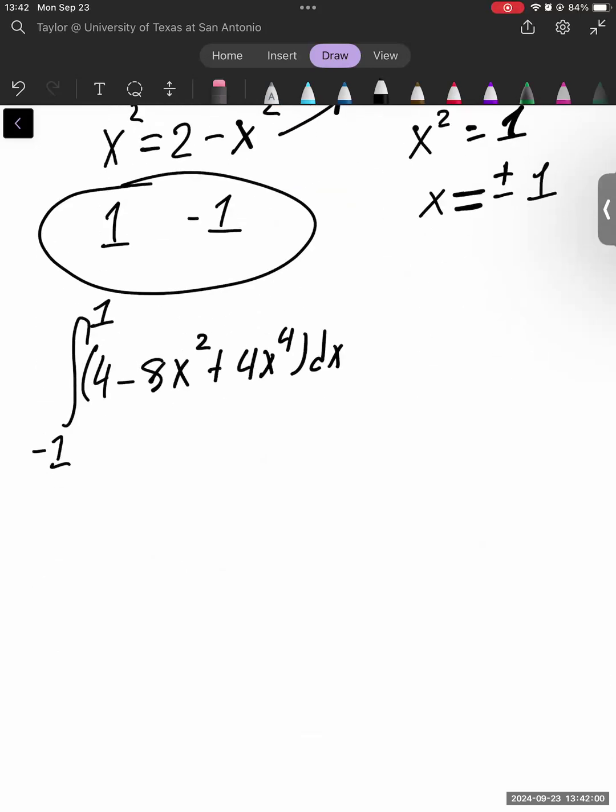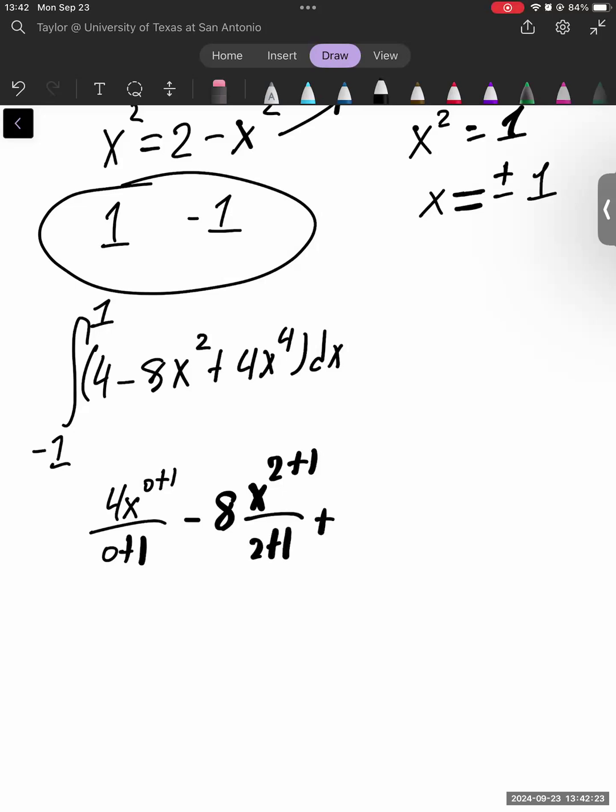So then I get 4x to the 0 plus 1 over 0 plus 1, minus 8x to the 2 plus 1 over 2 plus 1, plus 4x to the 4 plus 1 over 4 plus 1.